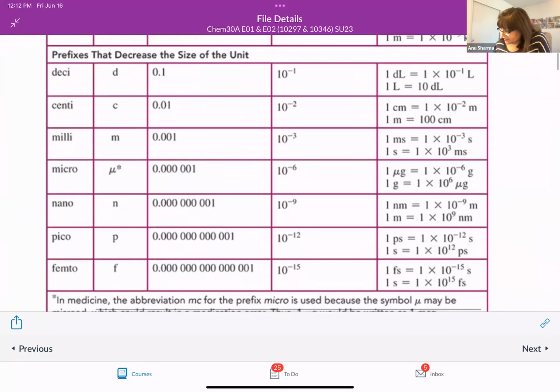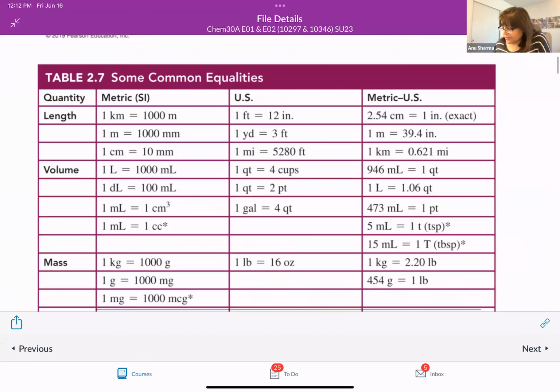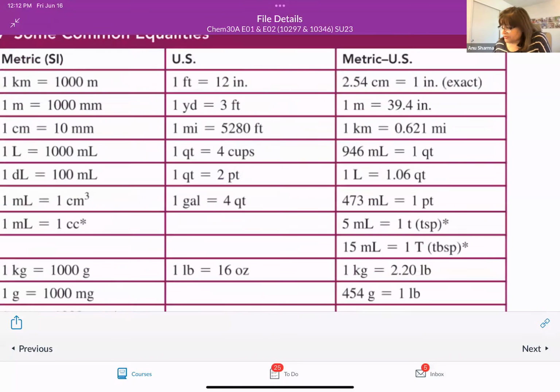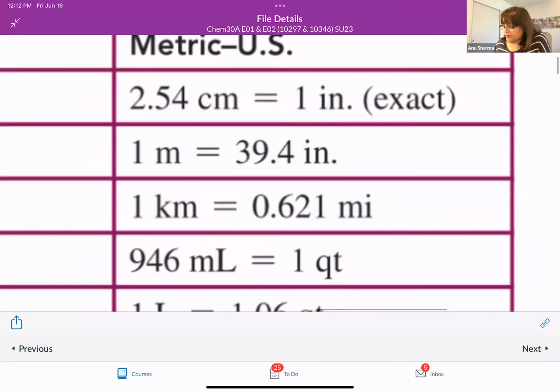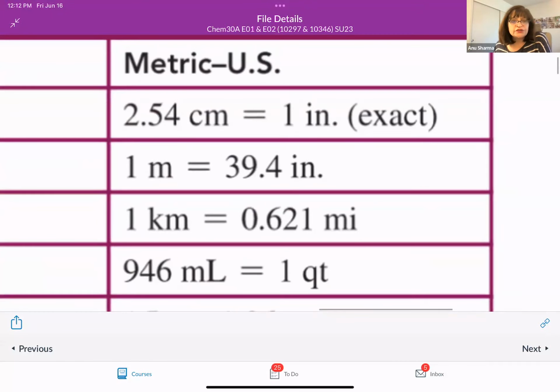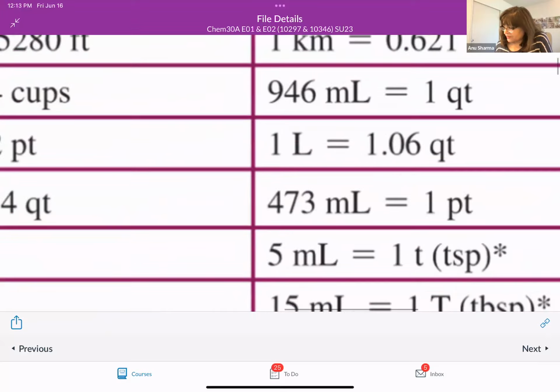Everything that you need is here regarding the prefixes. Then you have these other equalities, where the metric system and the US system conversions are given. So if you need to convert centimeter to inches, kilometers to miles, milliliters to quarts, all these are given to you.